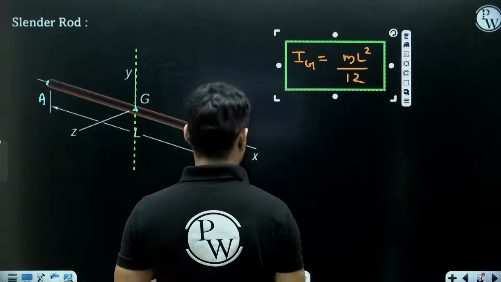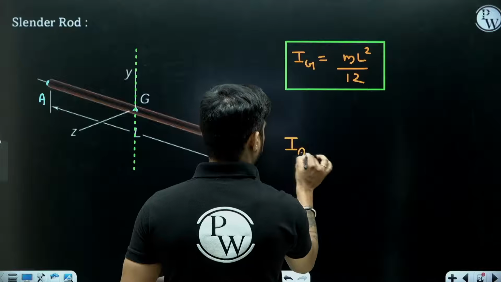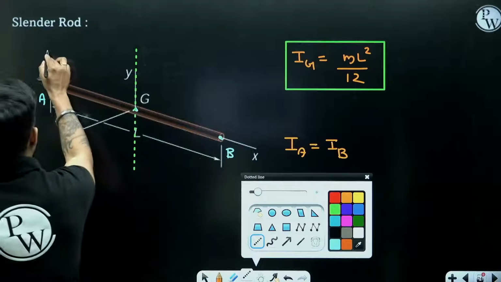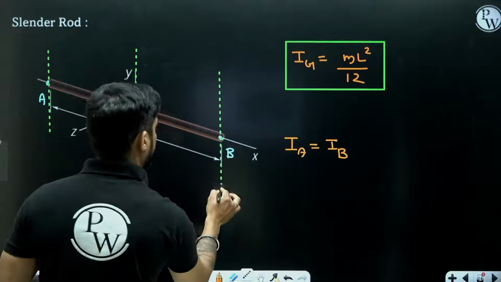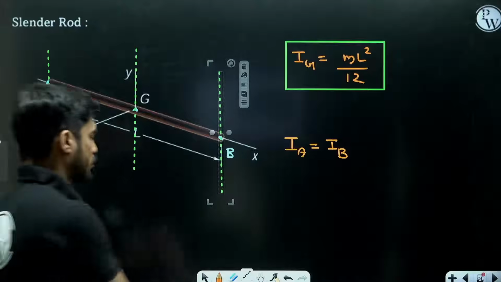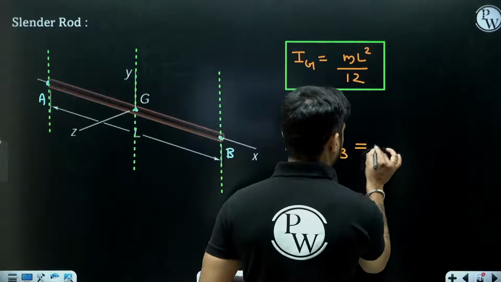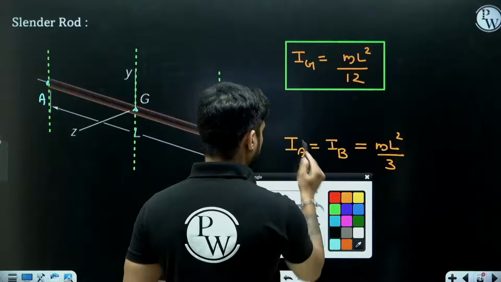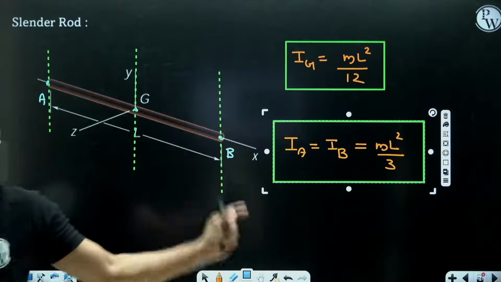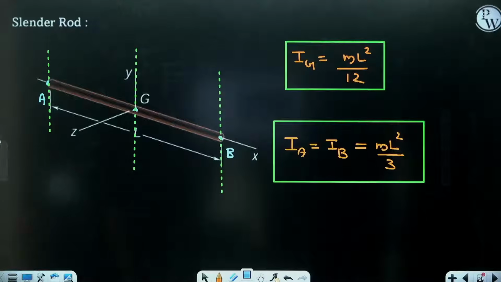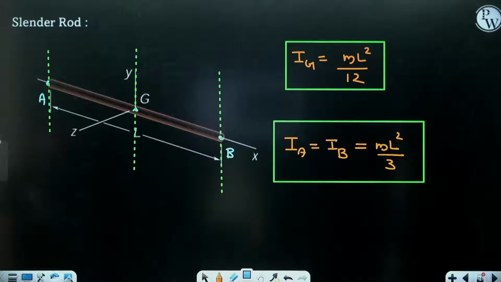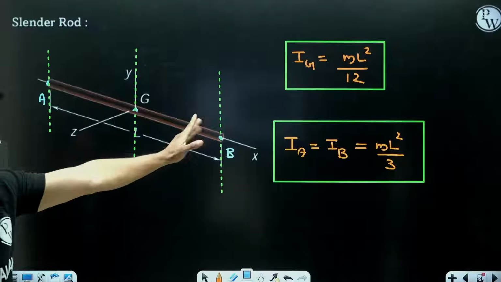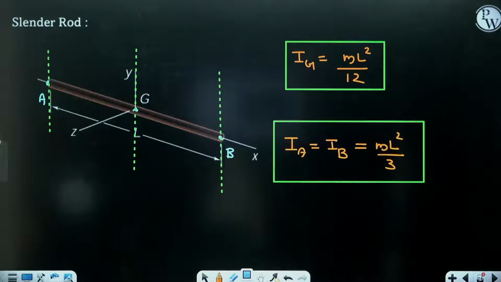But if you consider the mass moment of inertia about an axis passing through the ends, through A or through B, then it is given by ml square by 3. You have to remember both these equations: Ig equals ml square by 12, about the center of gravity, and ml square by 3 about the ends, for a slender rod.